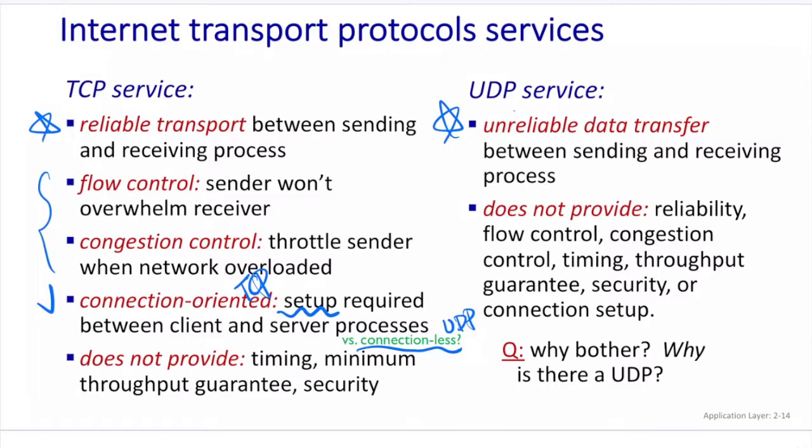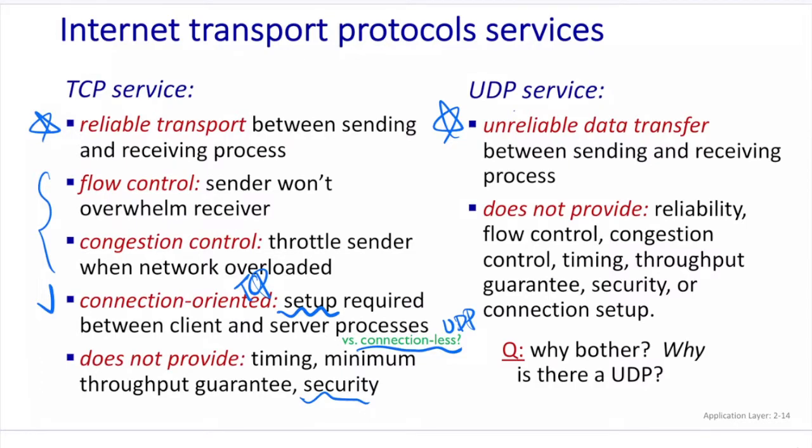And as we mentioned before, if you need some security mechanism to encrypt or compress data, you have to do it yourself at the application layer. So at the right hand side, UDP does not provide reliable data transfer, flow control, congestion control, timing, throughput, security, or connection setup.